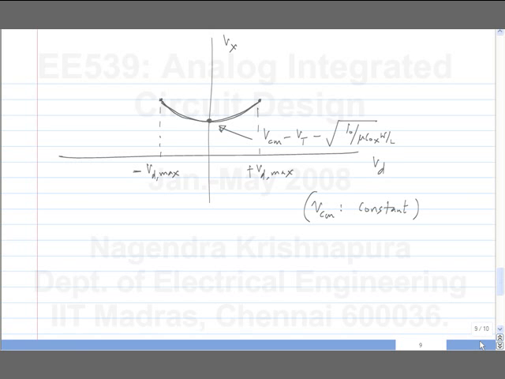So the question is, this is the expression for Vx versus Vd. Every expression that we have evaluated so far is valid only in this region, between minus Vd max and plus Vd max, because we assumed the two currents sum to I0 and then we used the square law to get each of the currents. So this is the range of validity of those expressions.